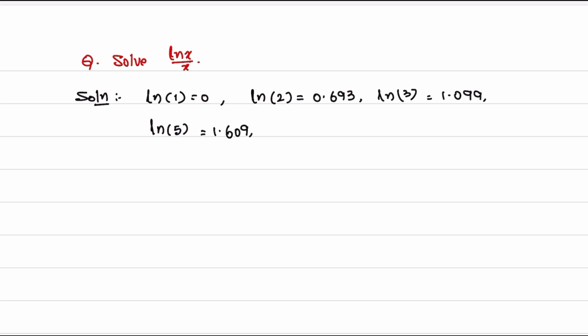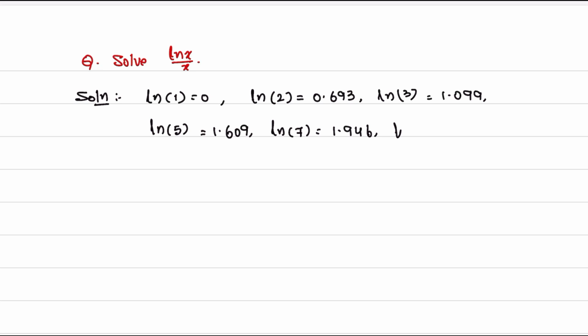ln 6 is nothing but ln 2 plus ln 3. ln 7. Maybe it is better to have an idea about natural logarithm values up to at least 10. 1.946. ln 8 is nothing but 3 into ln 2, because 2 cube is equal to 8.